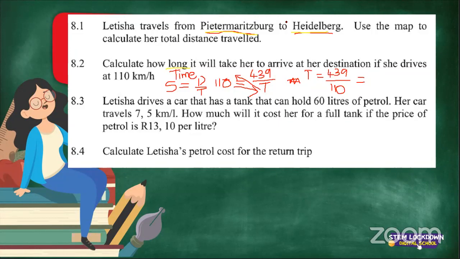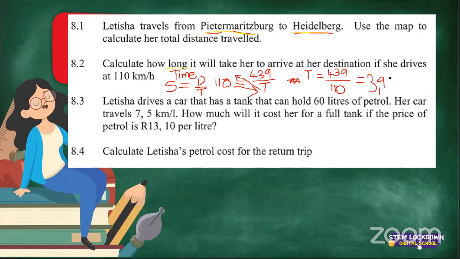Okay, let me see. I have an answer from Elena. From what I gather, when you say 439 divided by 110, I get 3.99.